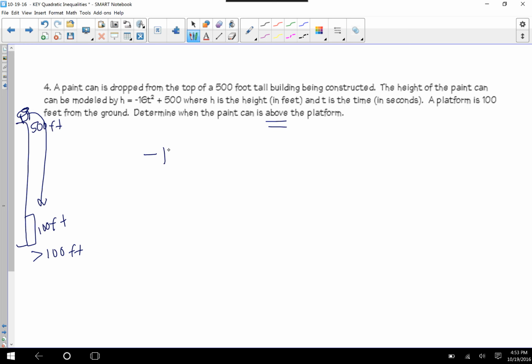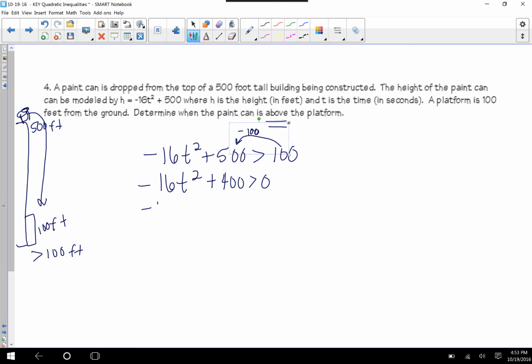So we've got negative 16 t squared plus 500 is greater than 100. I could subtract 100, so that gives me negative 16 t squared plus 400 is greater than 0. I want to try to factor out negative 16, and that will factor out evenly. I get negative 16 times t squared minus 25 is greater than 0.